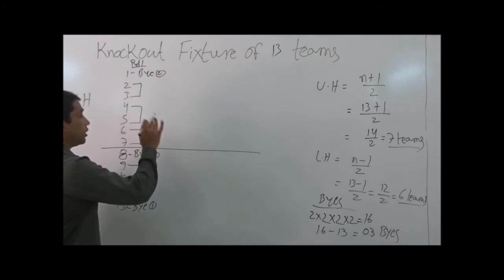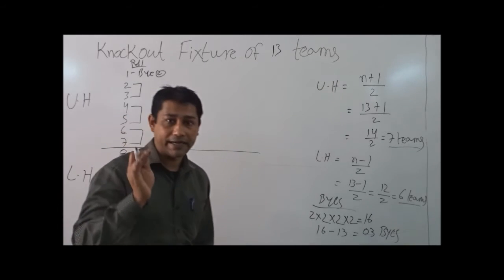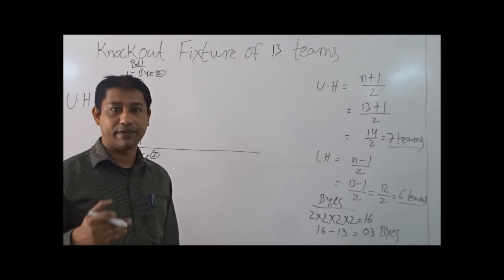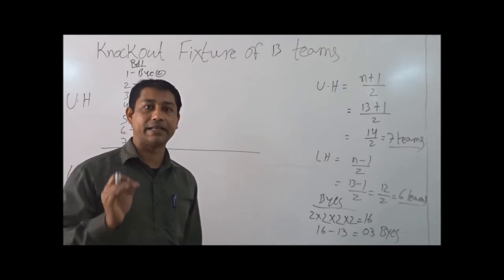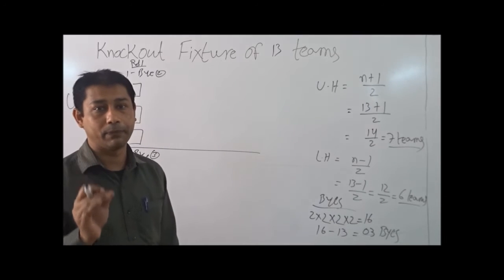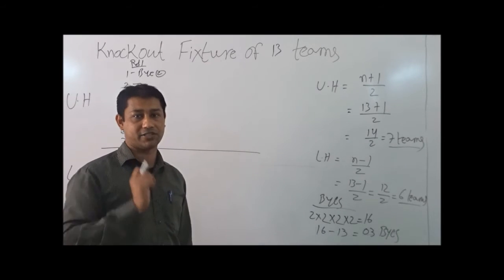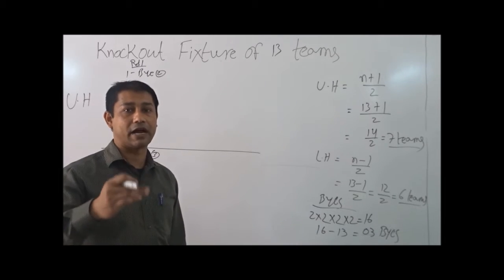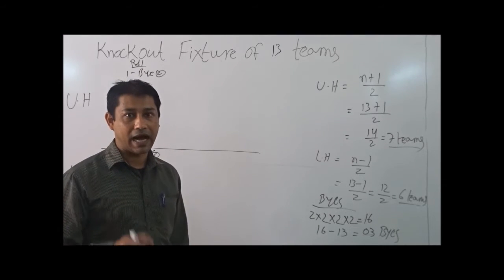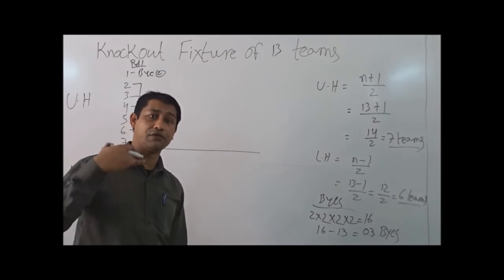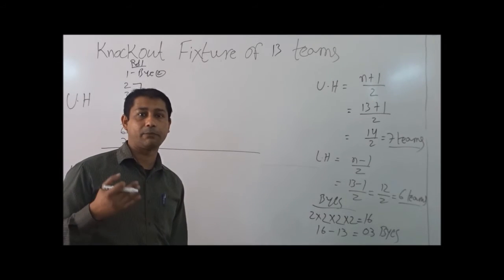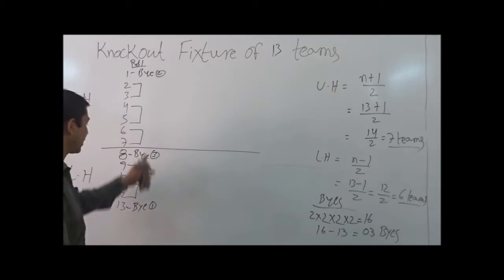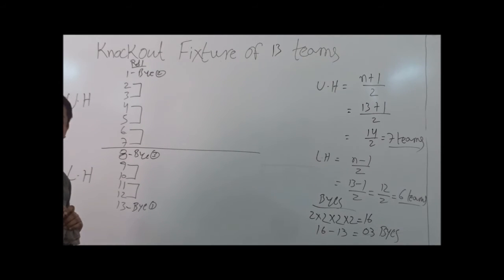Next, we need to take into mind that the teams who are being given a bye will not be playing their round 1 match. They will start playing from second round onwards. I mean to say, the teams which are getting byes will start playing from second round onwards, as you can see in the video.